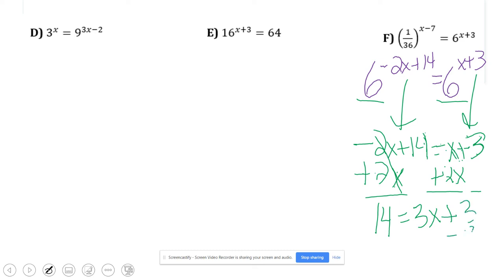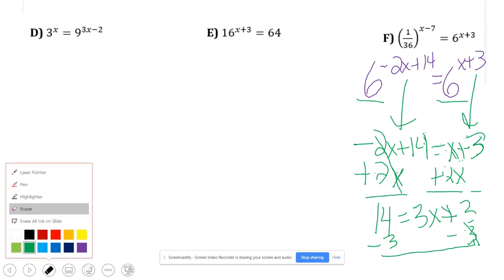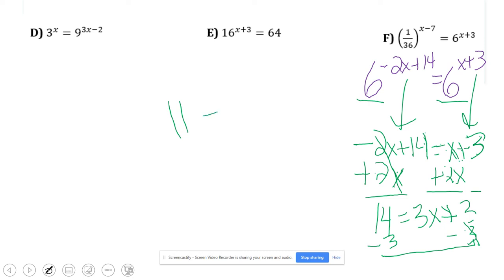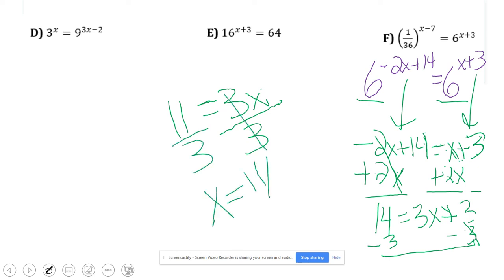And then I'm going to subtract the 3. So we have 11. Sorry about that. Equals 3x. Divide by 3. And x is 11/3.